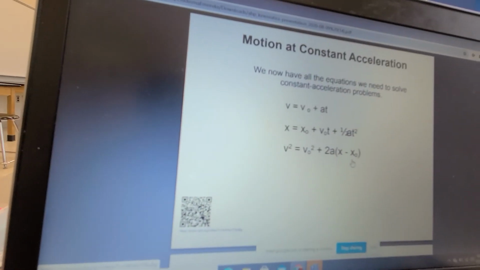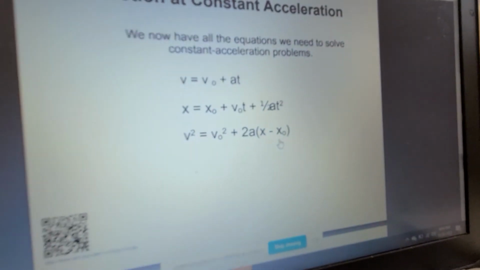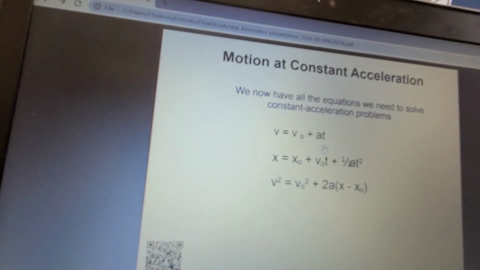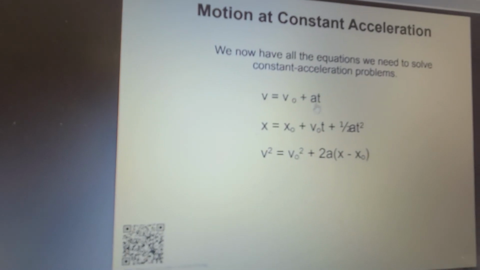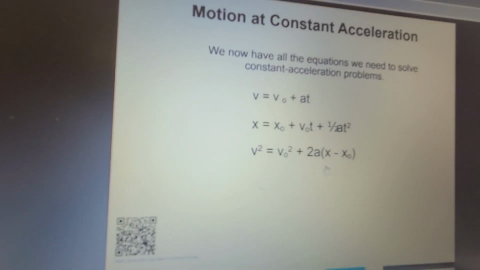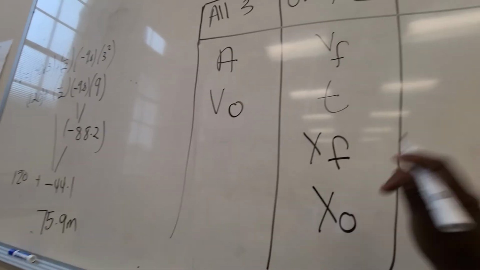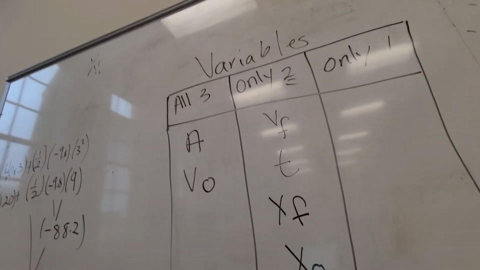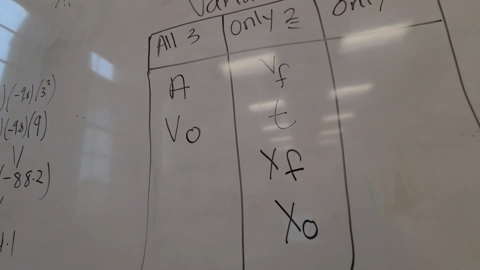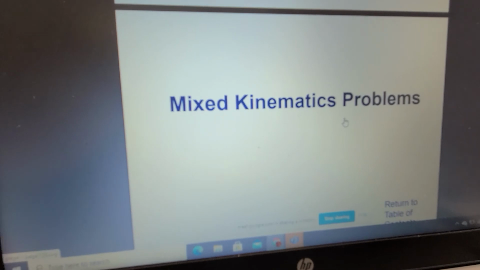Is there any other one? And now we're saying it's starting position. It's not in the first equation, but starting position is in the second one and the third one. So I'm going to go ahead and put starting position here. This is going to help you organize what variables you have, because remember, your next step is working with mixed kinematic problems.